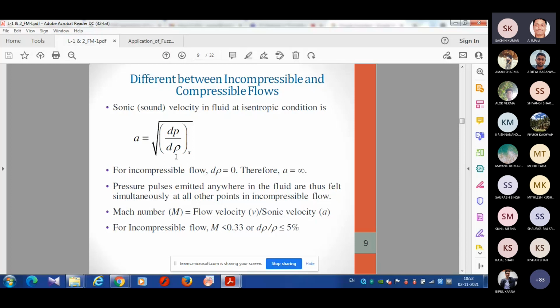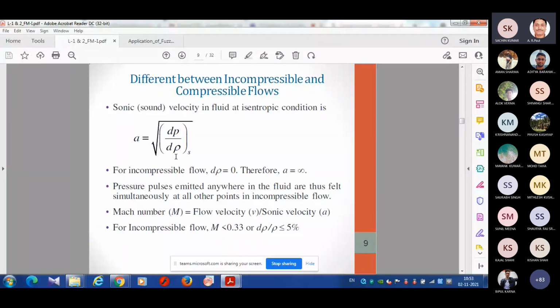Now why have we taken the value of Mach number as 0.33? Because if you maintain the Mach number up to 0.33, it will ensure that your density variation would be within 5%. So you can use either the density variation within 5% or the Mach number. The popular one is Mach number.